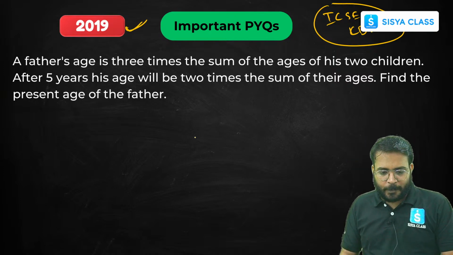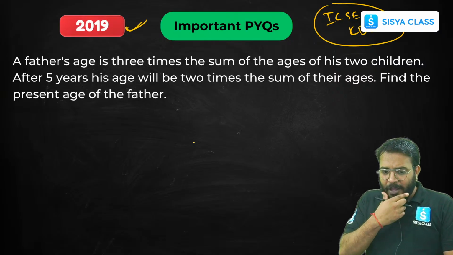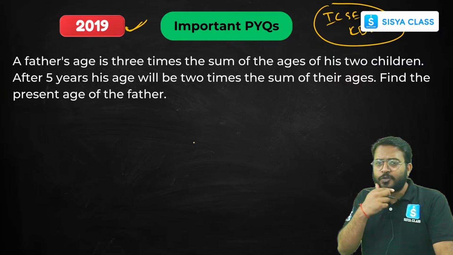Got it? What they are saying: the father's age is 3 times the sum of his 2 children.